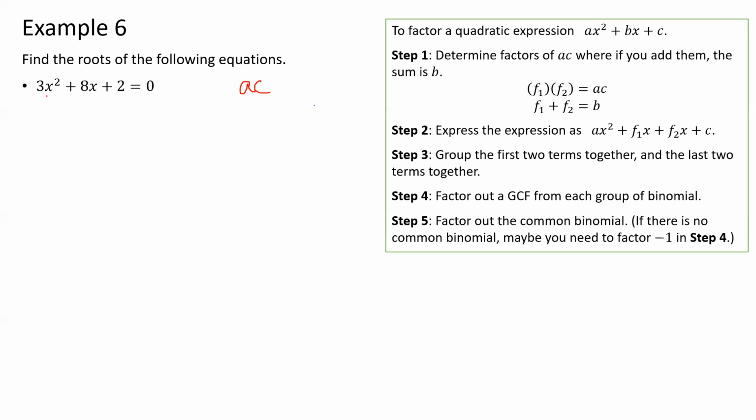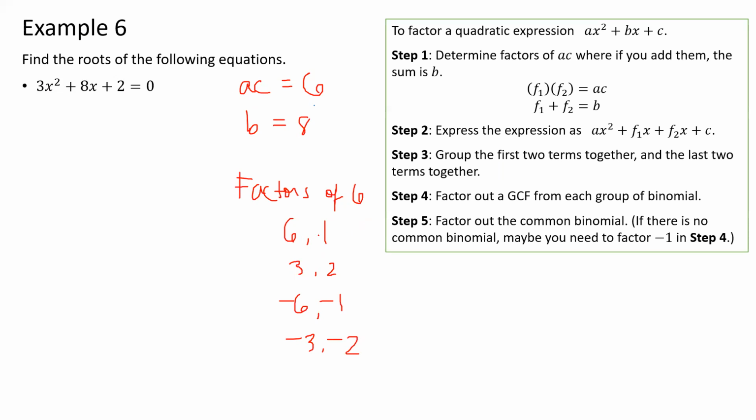So AC is equal to 6 and B is equal to 8. So if we determine the factors of 6, the factors of 6 are 6 and 1, 3 and 2, and the negative counterparts, negative 6 and negative 1, and negative 3 and negative 2.